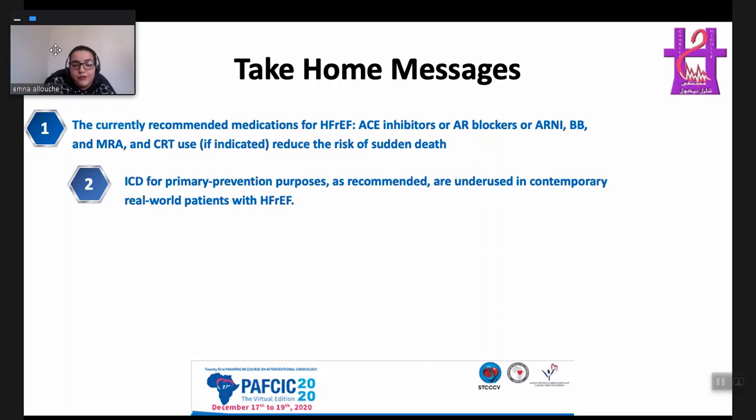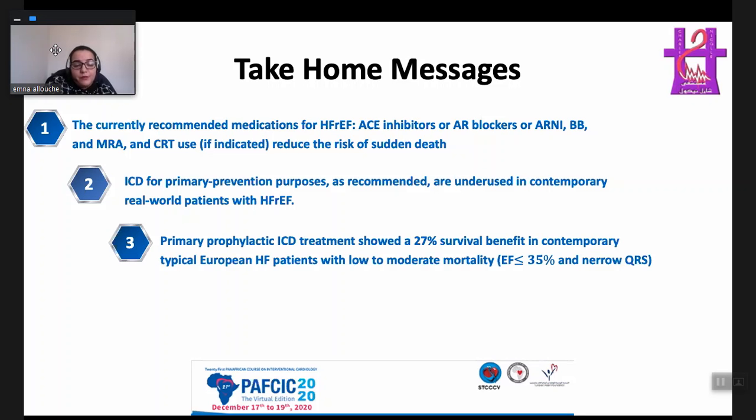ICDs for primary prevention purposes, as recommended, are underused in actual real-world patients with heart failure. Primary prophylactic ICD treatment showed a 27% survival benefit in actual typical European heart failure patients, so it still has a place in primary prevention.